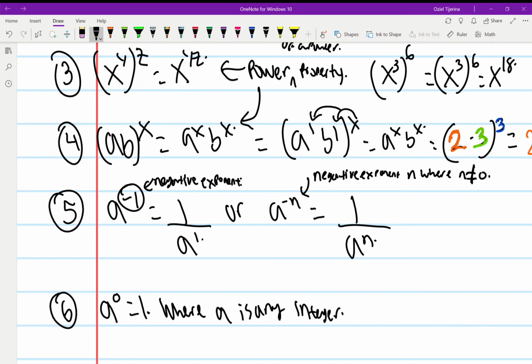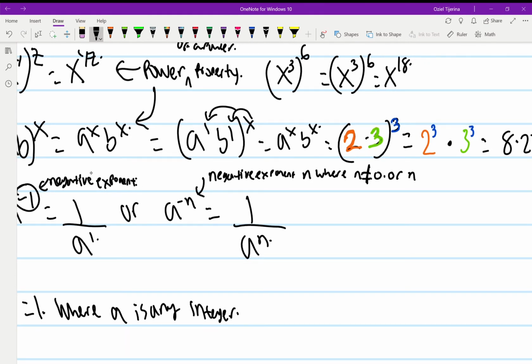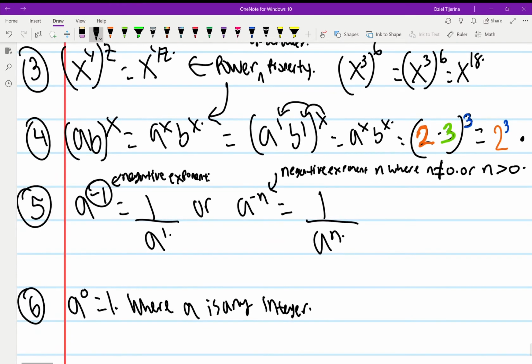Okay, so basically what I'm saying here, if it has any number here that is not 0, so like if it has -1, -2, -3, -4, and is greater than 0, excuse me.